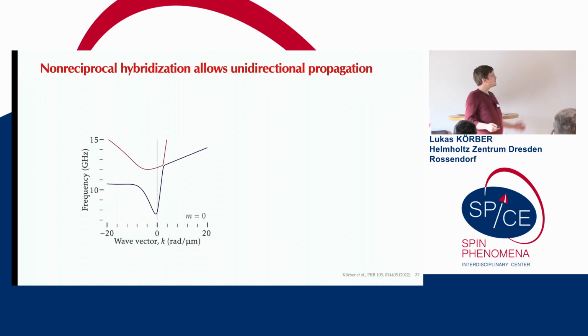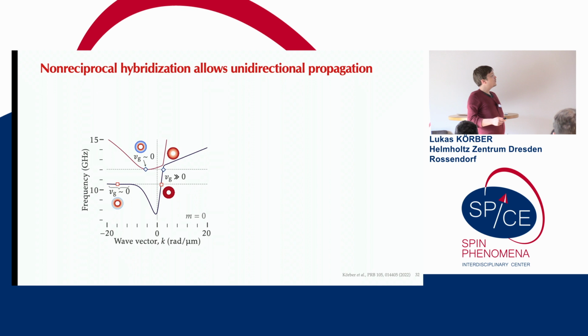So here at this dispersion, for example, for a suitably chosen thickness, we have two frequencies where in the negative propagation direction we have almost zero group velocity, whereas in the other direction at the same frequencies we have very, very large group velocities.